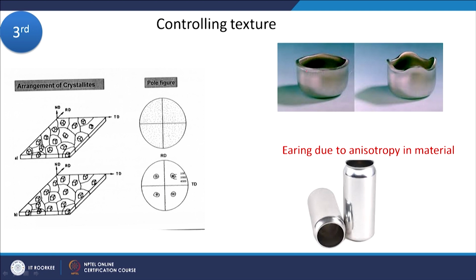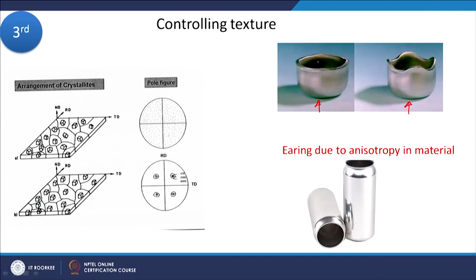The other part is, as I told you, about controlling texture, and the effect of that is shown here. You can see there are two cups which are drawn. You have a die and a punch. The punch is forcing the material to deform. In one case you can see a very nice cup is formed with a uniform top, whereas in this case you can see the formation of what we call an ear.